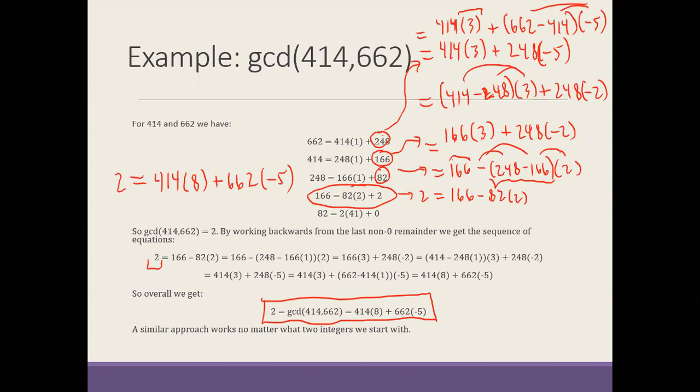Here we have an algorithm to find not only the GCD, but to actually write the GCD as a combination of two given integers. That's interesting.